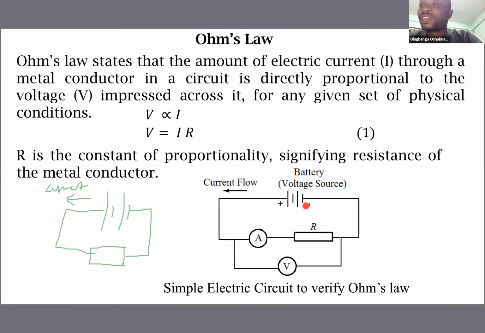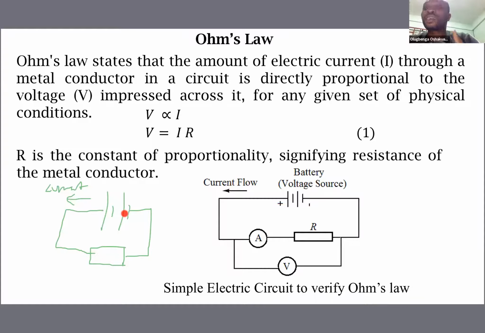In this case, there are two parallel lines, but one is higher than the other, meaning that the potential of one is greater than the other. And current will flow because there is a potential difference. So when we connect a battery to a resistor, current flows.